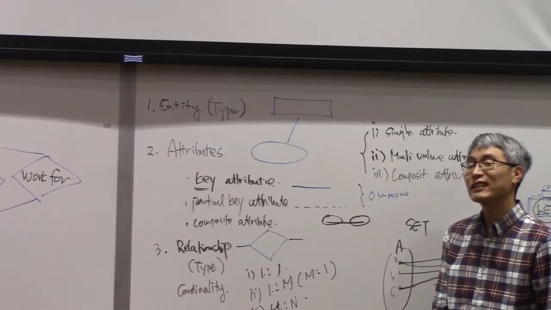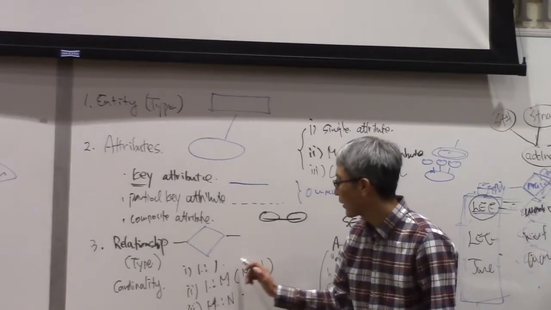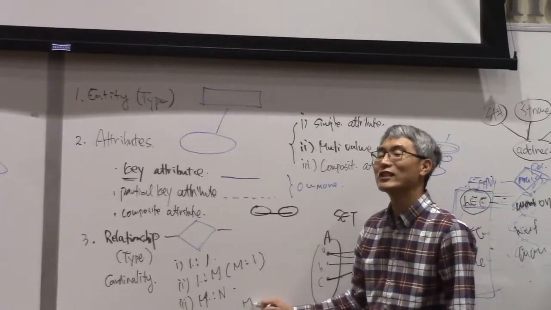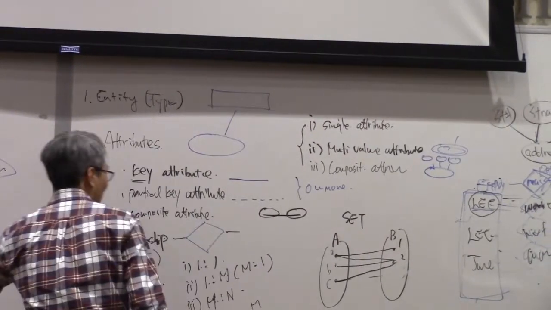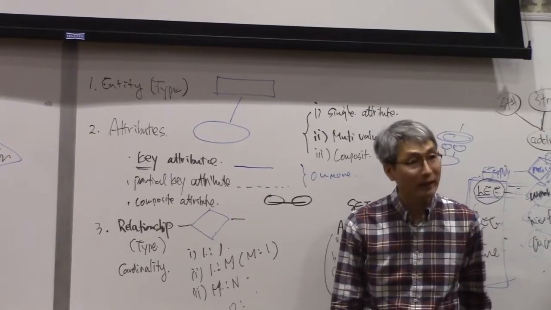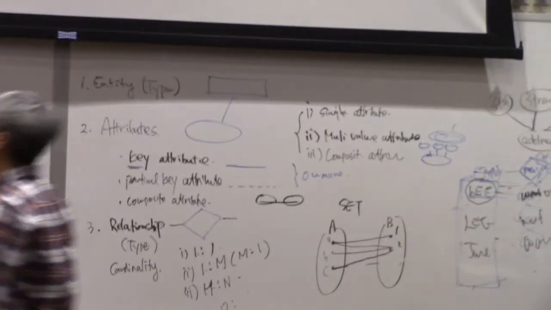Any other case? Actually, there are many. What about this 0 to many? We will see such an example. But roughly, using this cardinality, there are three different cases: 1 to 1, 1 to many or many to 1, or many to many. So we are going to identify such a cardinality.